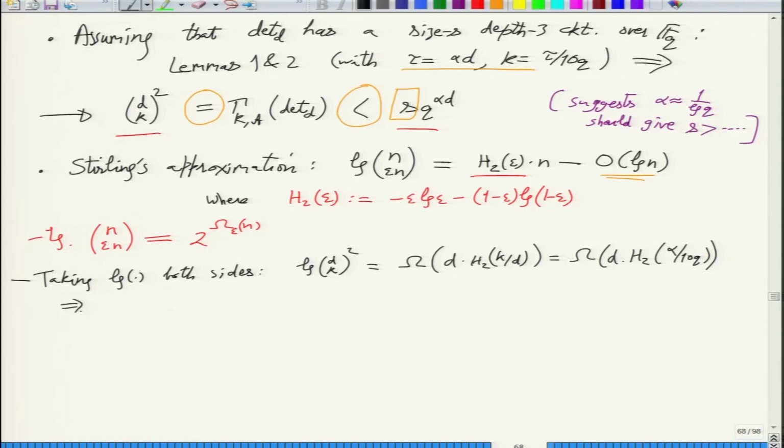And so we get that log S is, again from that equation, from here we get that log S is omega of d times the entropy minus alpha d log q. So we can take d common.